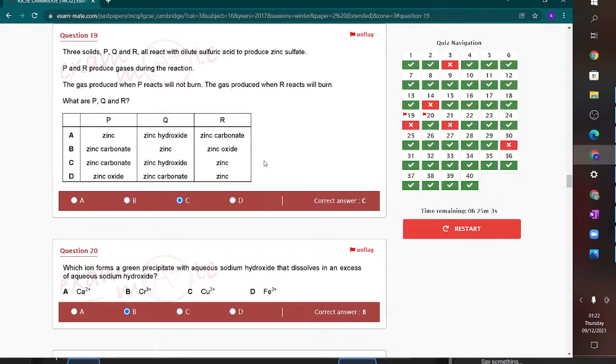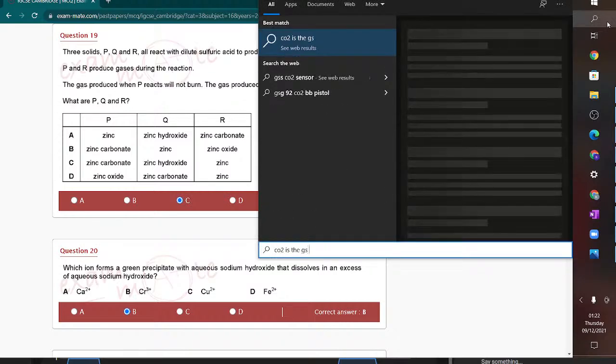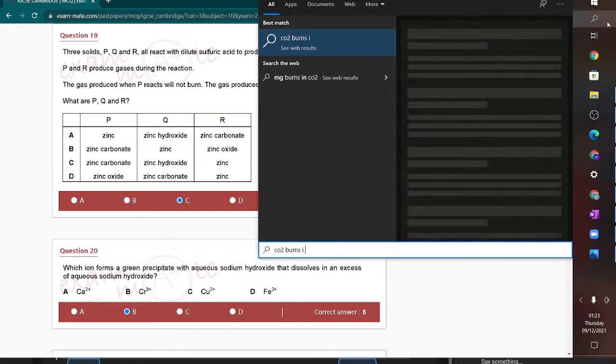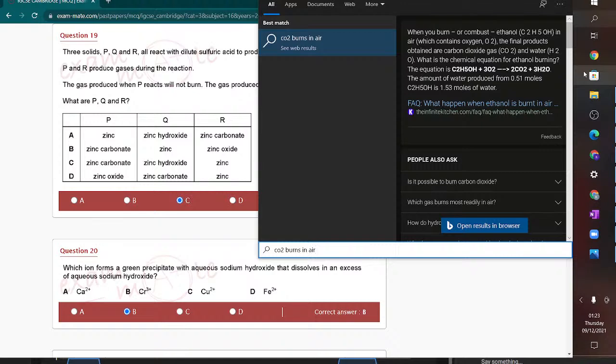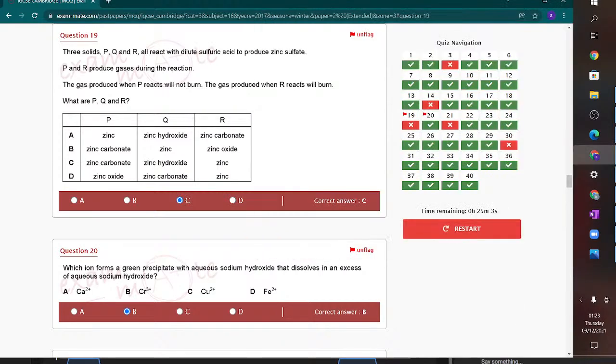Okay, so CO2 is the gas which does not burn in air. Let's cross check it. Okay, well, we do not have an answer, but I think that's correct.